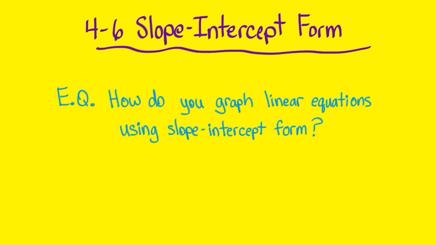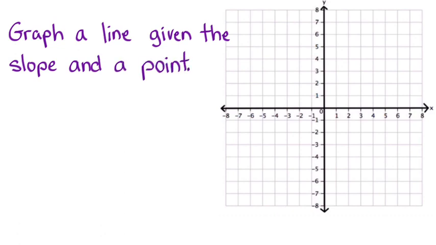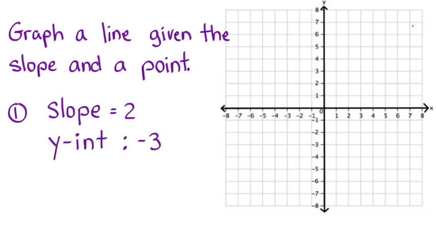What we're finding is that if we have the slope and a good point, like an intercept, we can graph any line, right? So if I'm given the slope of 2 and a point, and let's just say it's the y-intercept of -3, then I can graph this whole line, right?